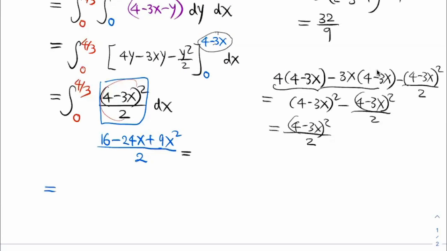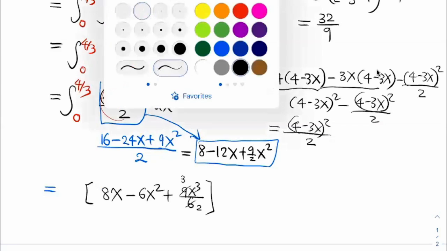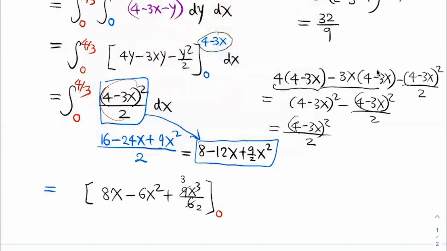That will be 8 minus 12x plus 9 over 2 x squared. So we take the antiderivative of each term. We should get 8x minus 6x squared plus 9x cubed over 6, which is 3 over 2, and then go from 0 to 4 over 3.